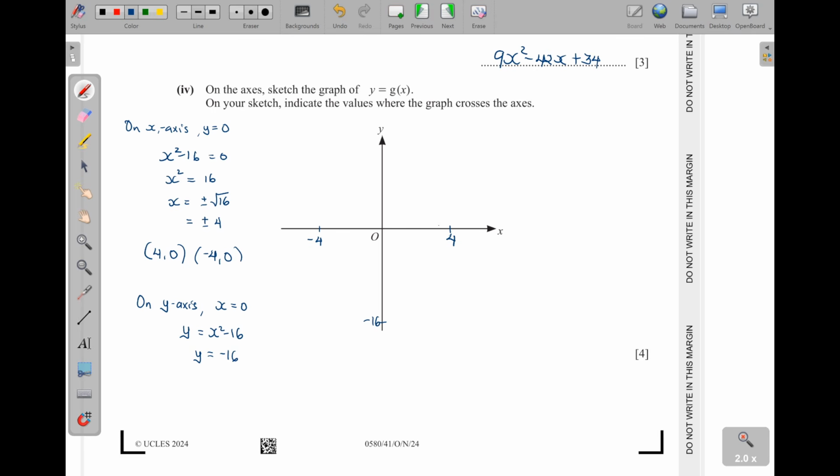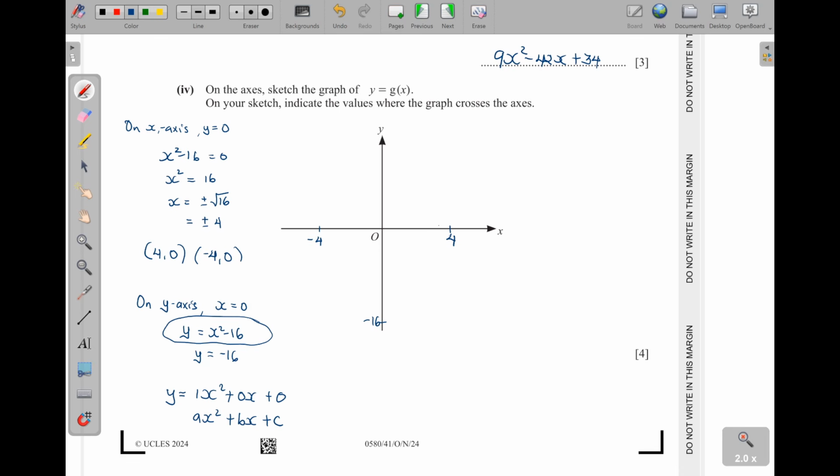Another thing, y equal to x squared minus 16 is the same as y is equal to 1x squared, then plus 0x, then plus 0. So in this format, ax squared plus bx plus c, this is the quadratic, okay?